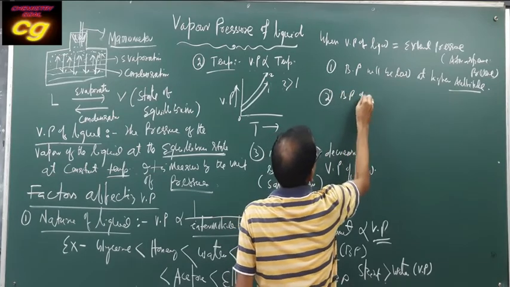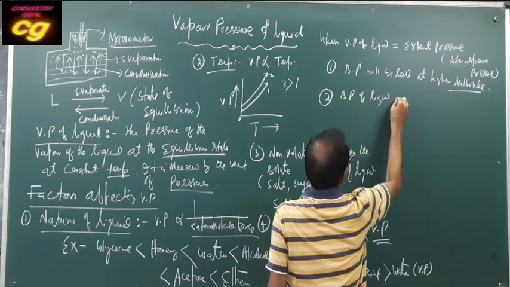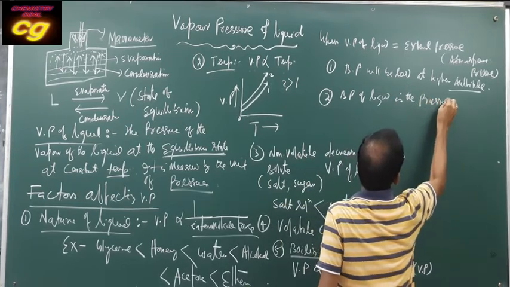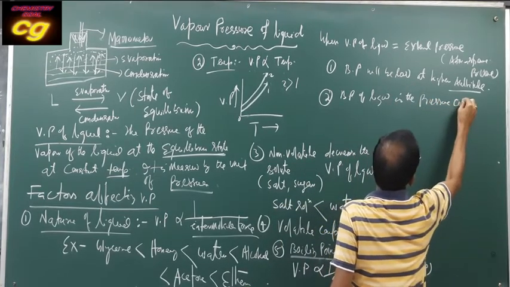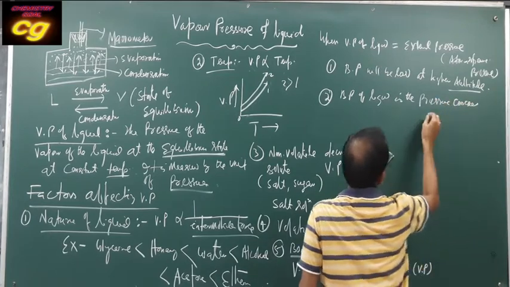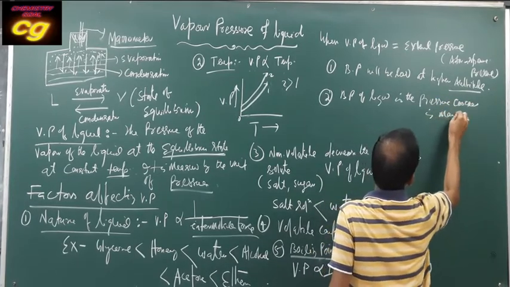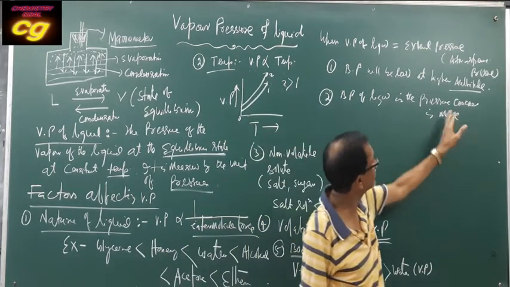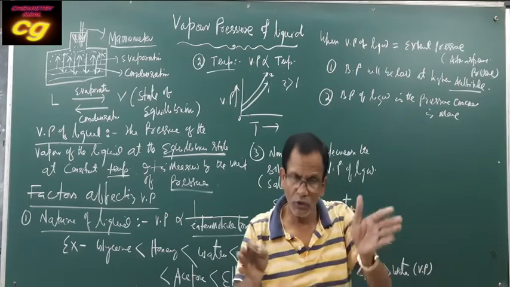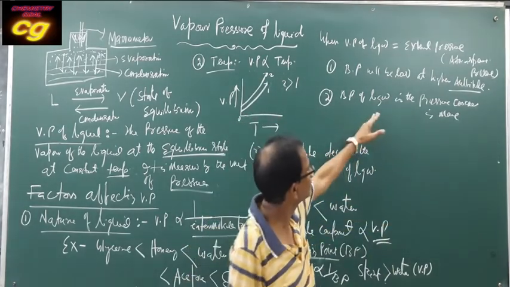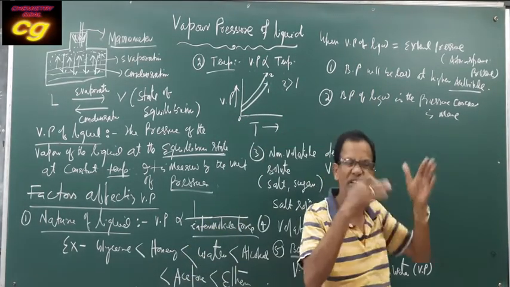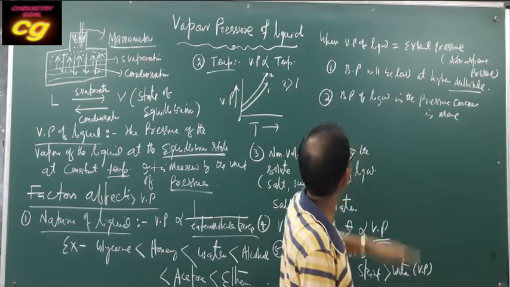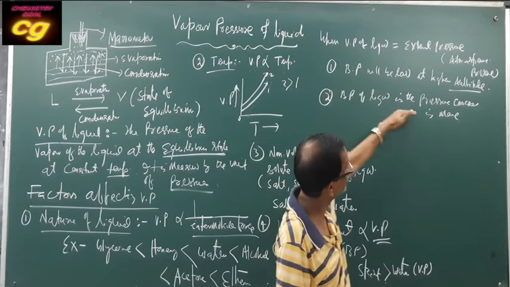The boiling point of a liquid in the pressure cooker is more. Why is the boiling point of a liquid in the pressure cooker more? Because the pressure cooker is closed. As it is closed, the vapor pressure inside is high.